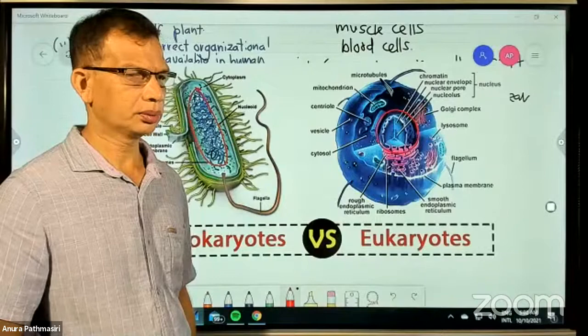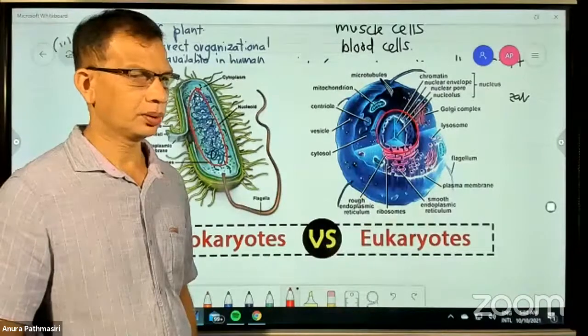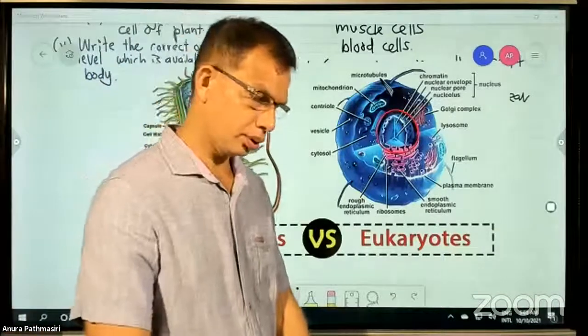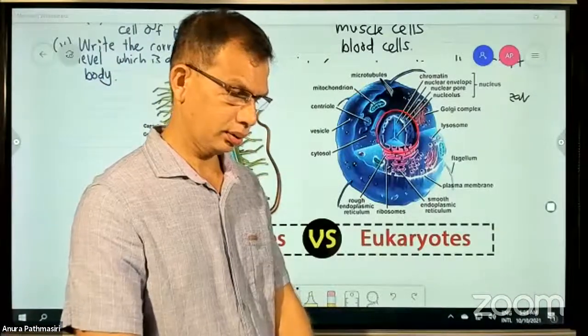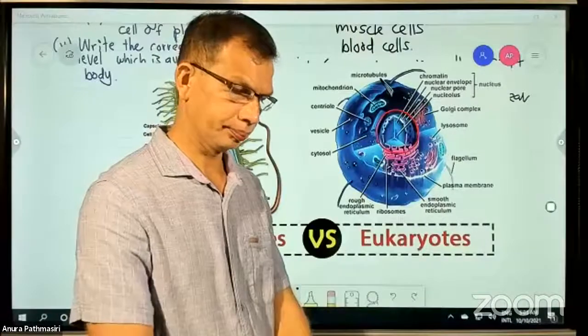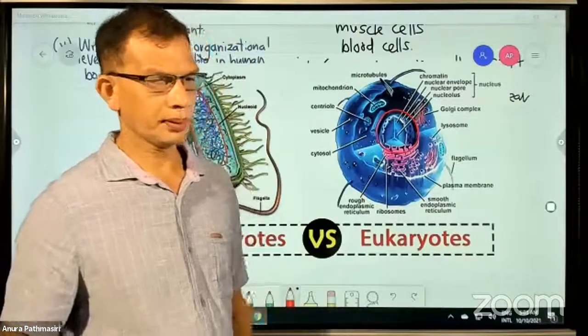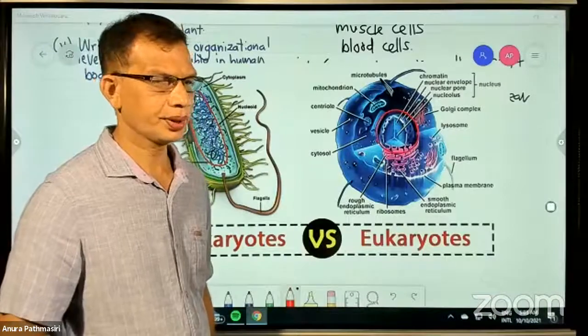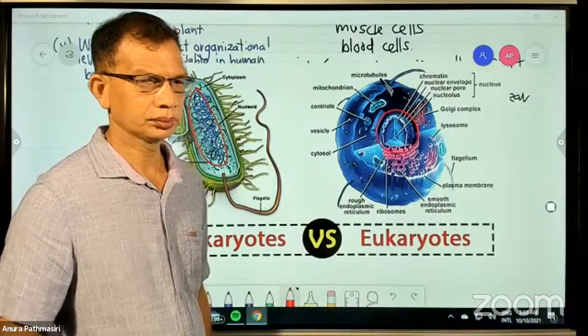Let me find it. Nuclear envelope. It's a double membrane, and yeah, this is the nuclear envelope.